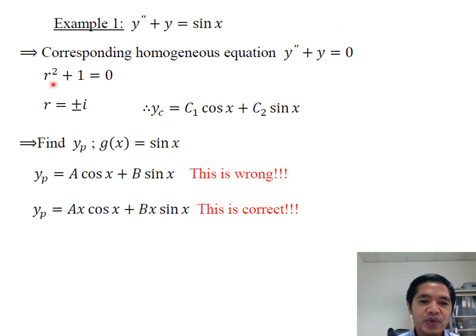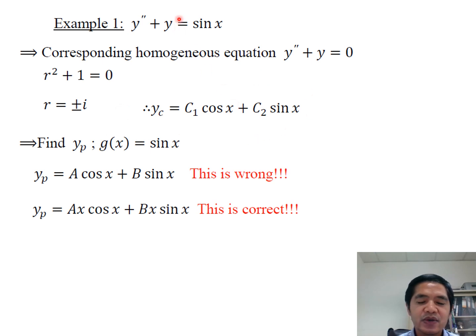You're going to get r squared plus 1 equal to 0. Then you solve for r here. r is equal to plus minus i, where i is the imaginary number. So the solution here is yc equal to c1 cos x plus c2 sine x. This is the corresponding homogeneous solution.